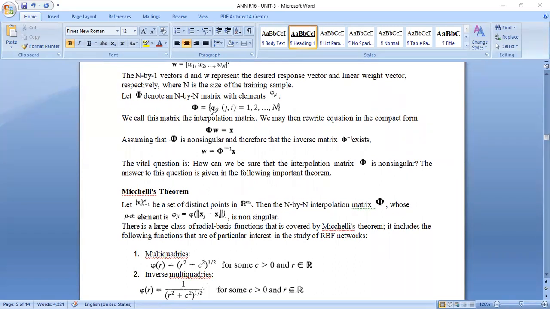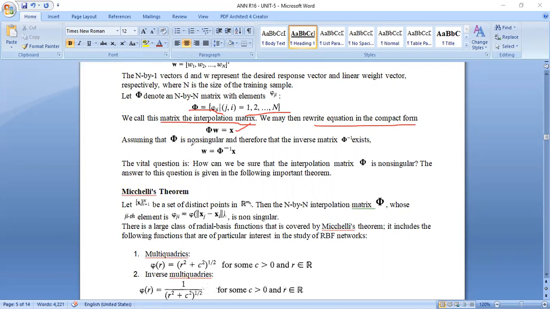Now we can write phi equal to phi ji, where j comma i take values from 1 to n. We call this matrix the interpolation matrix. We may then rewrite the above equation in compact form: phi into w equal to d.